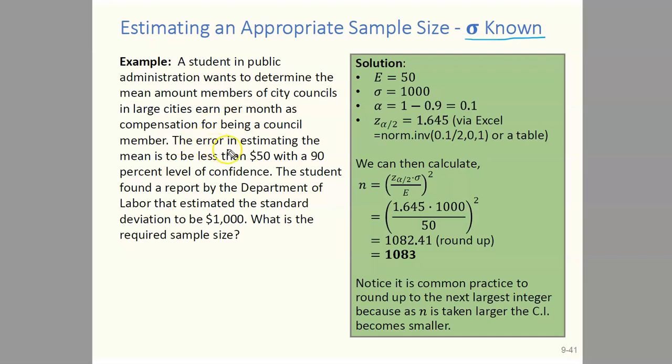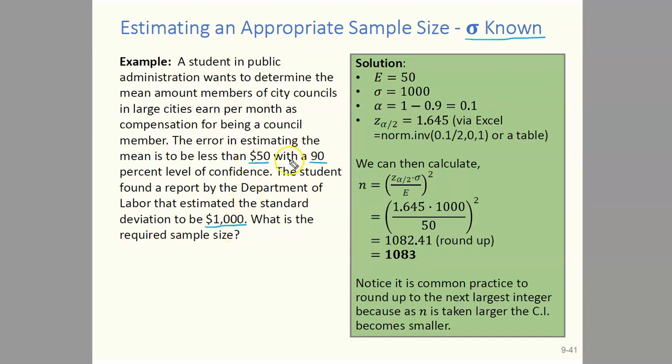The error in estimating the mean is to be less than $50 with a 90% level of confidence. The student also found a report by the Department of Labor that estimated the standard deviation to be $1,000. What is the required sample size that the student should use?